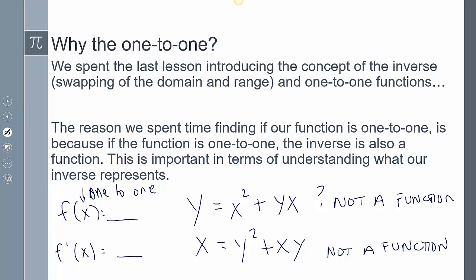So if it is one-to-one, then the inverse is a function, and we're able to express it with that f to the negative 1 power. Even though it's not really f to the negative 1 power, it's f inverse. That's the symbology we use for f inverse. So if my function's one-to-one, then its inverse is a function. That's really important.